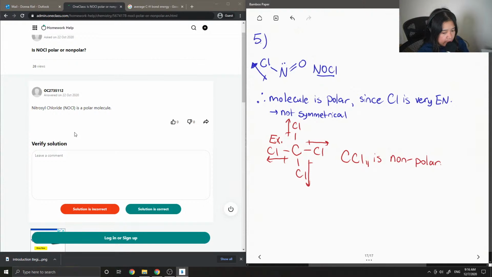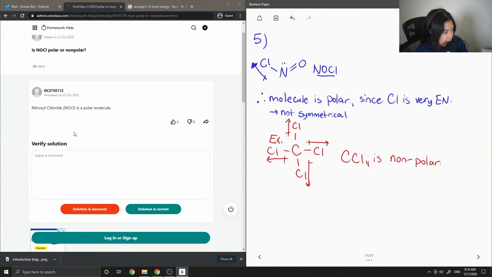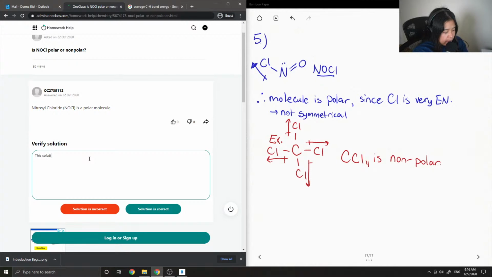Okay, so the junior tutor said nitrosyl chloride is a polar molecule. Yep, so this solution is correct.